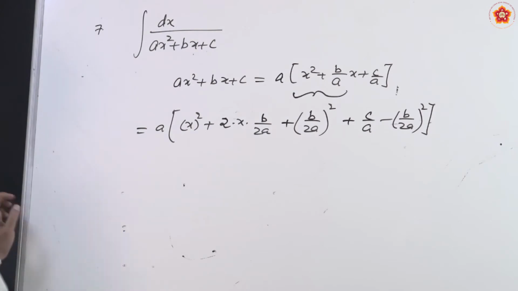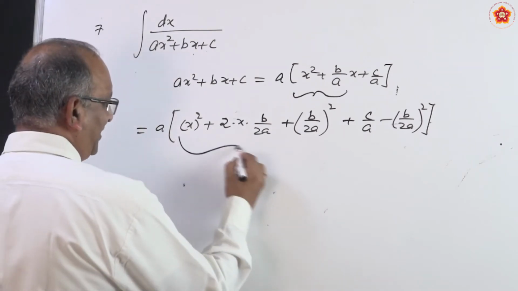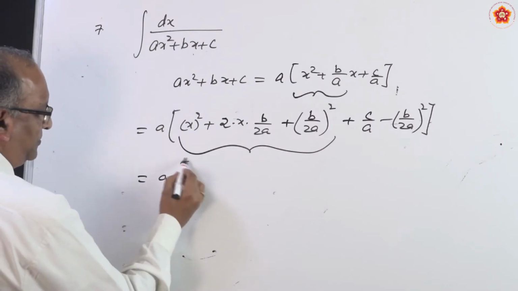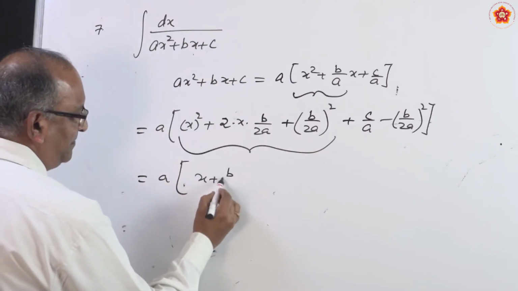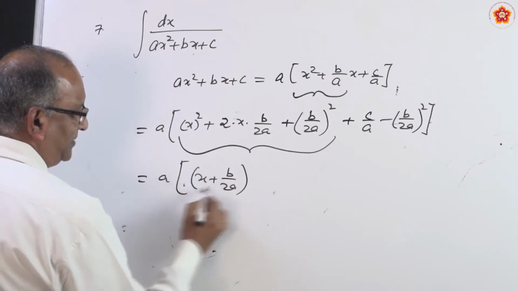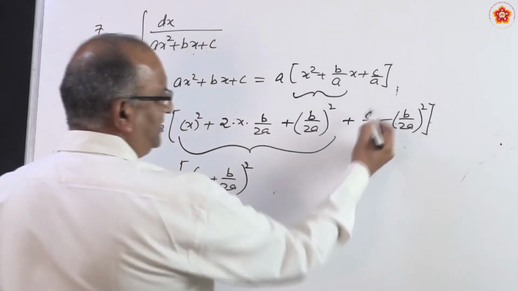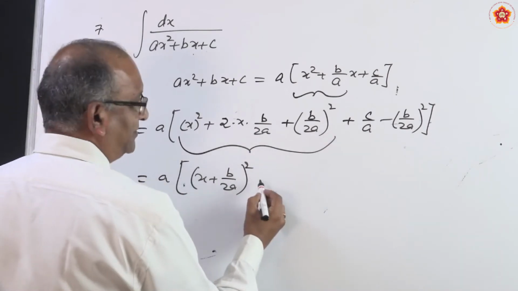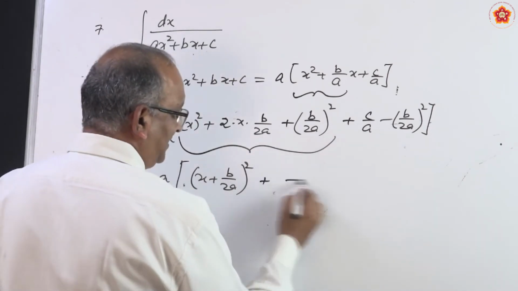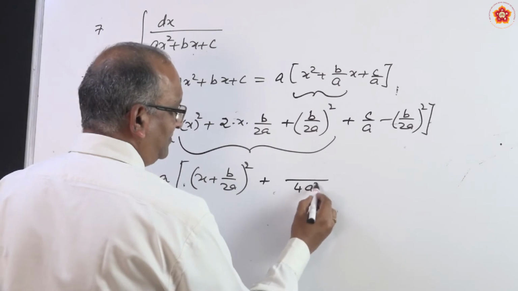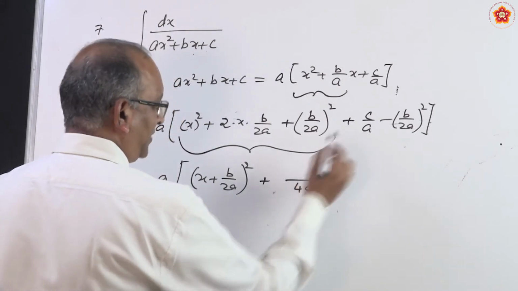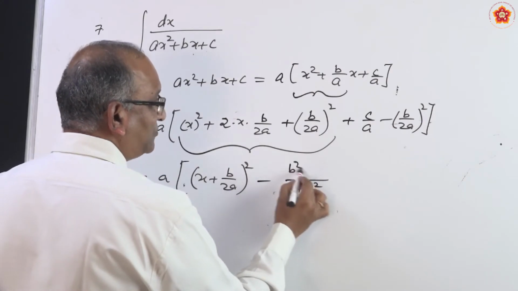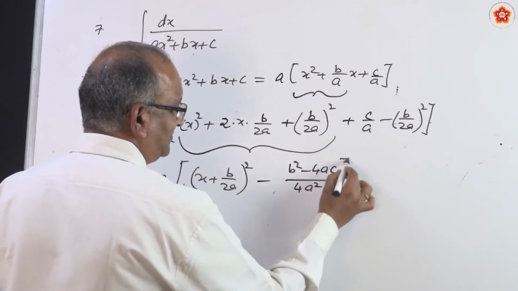Now, what happens? If you can club the first 3 terms, and it can be written as a into x plus b by 2a whole square. And club these 2 terms. If you club those 2 terms, what is that you are going to get? Plus the LCM is going to be 4a square. So, you will get, or if you take negative sign common, you are going to get b square minus 4ac.